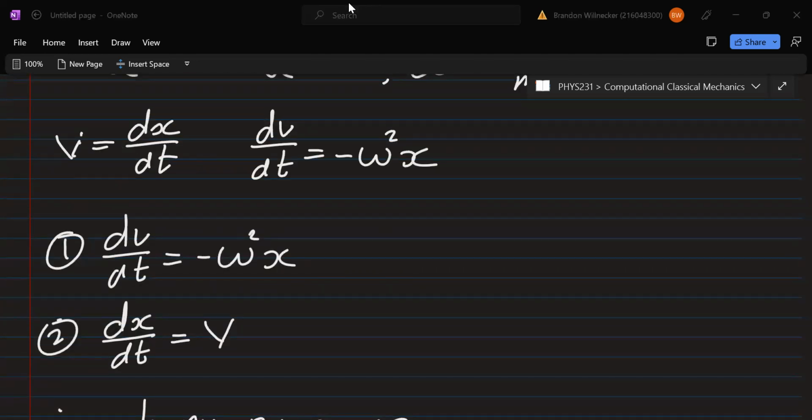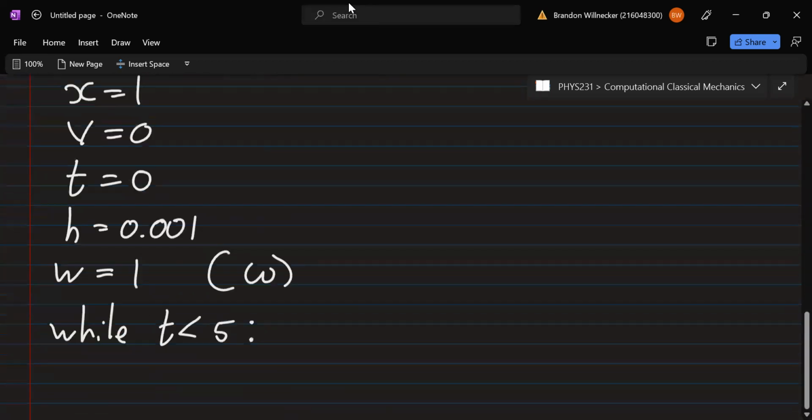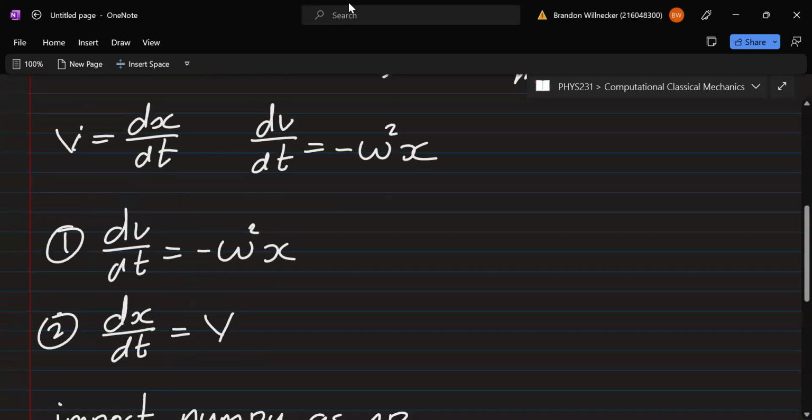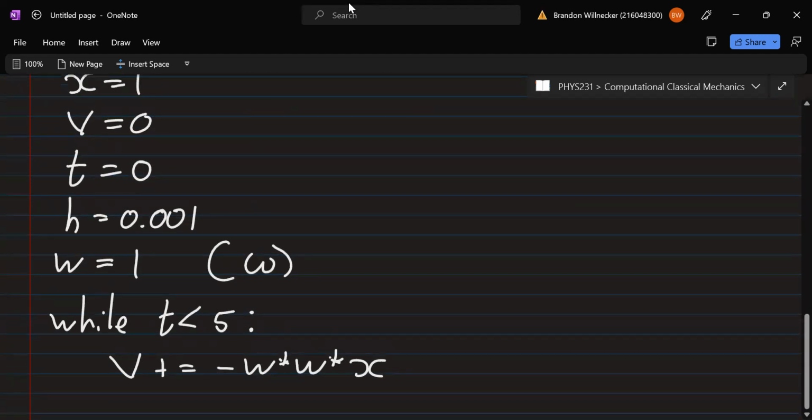So v is updated using this minus omega squared x. So let's do that first. So v plus equals minus w times x. Okay, that's from the first one. And then remember to multiply by our time step h. Okay, and also this omega squared or the w squared, we could have written using that exponential form as well.